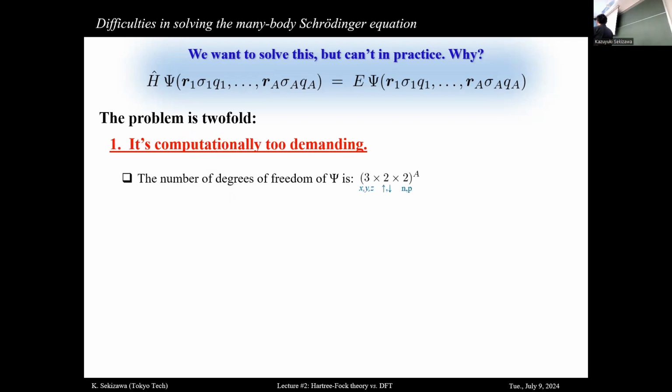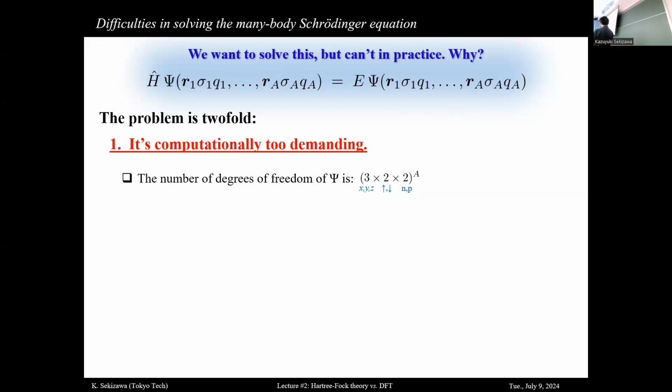This many-body wave function depends on the coordinates, spin and isospin for all the particles, and everything is in those arguments of this wave function. If we change the spin of one particle, we can have various other degrees of freedom. So you should multiply all the degrees of freedom to evaluate the complexity.